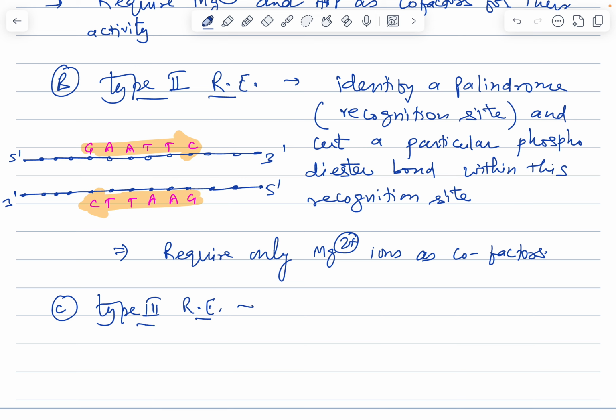The third type of restriction endonucleases are type 3 restriction endonucleases. Same, they identify a palindrome. So that part will be the same for every single restriction endonuclease. They also identify a palindrome, that is the recognition site, and cut, not exactly within the palindrome, but not very far either, around 25 to 27 base pairs away.